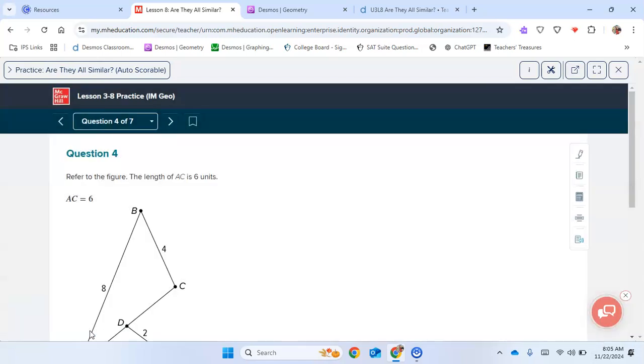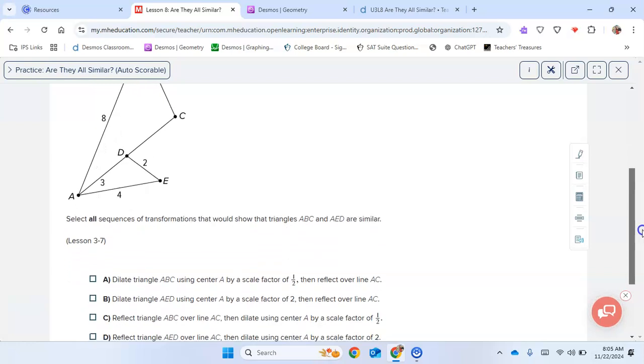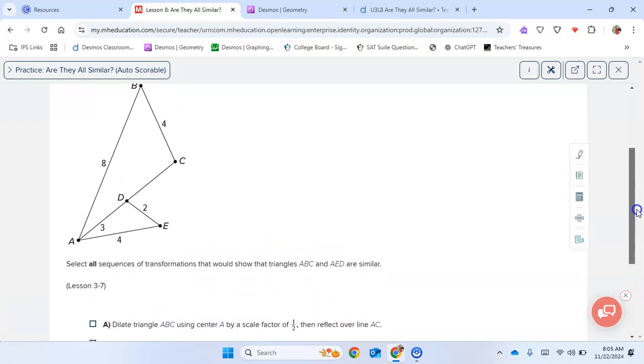Question 4. Refer to the figure. The length of AC is 6 units. Select all sequences of transformations that would show triangles ABC and AED are similar.